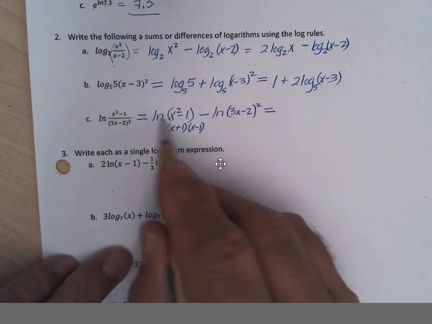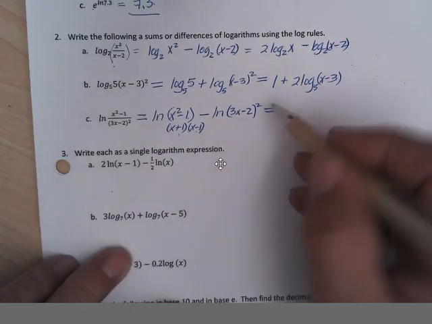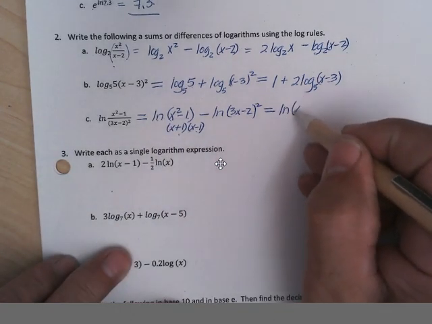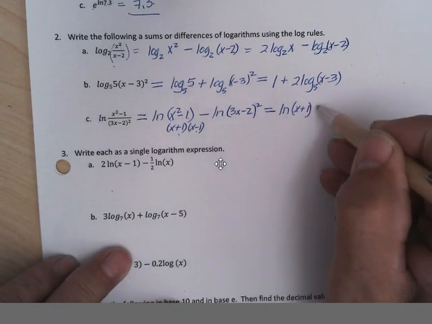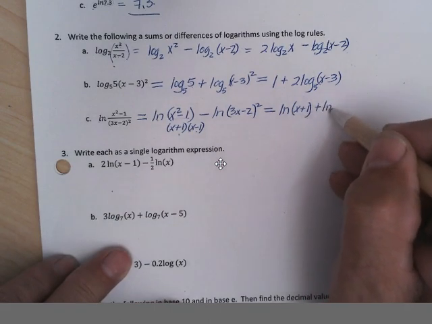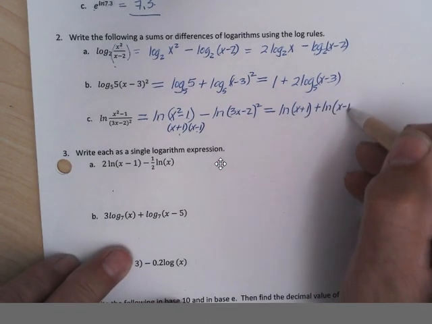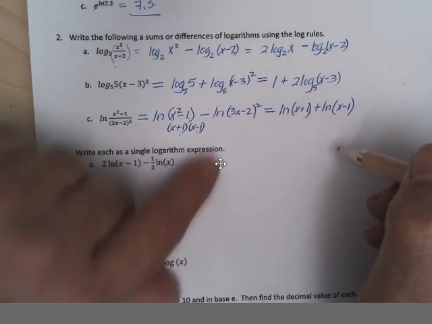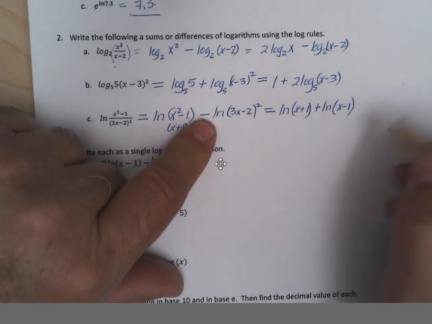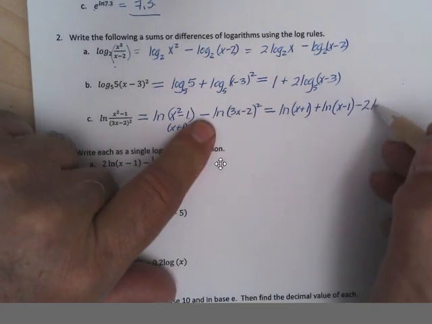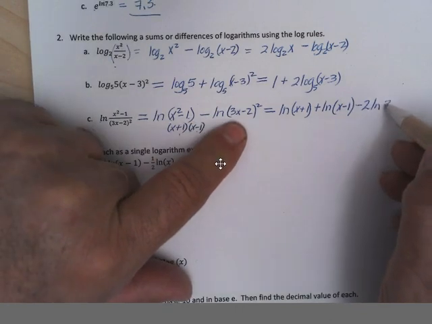So if we've got a natural log of a product, it becomes ln of x plus 1 plus ln of x minus 1. And then the 2 comes down on this, minus 2 ln of 3x minus 2.